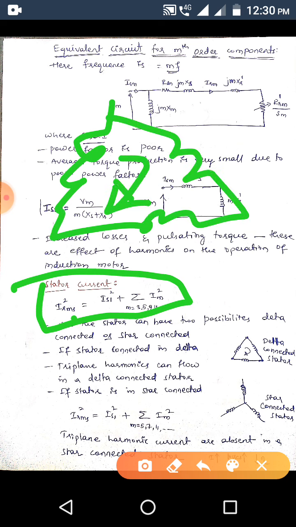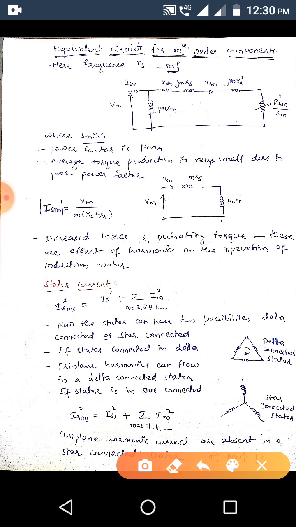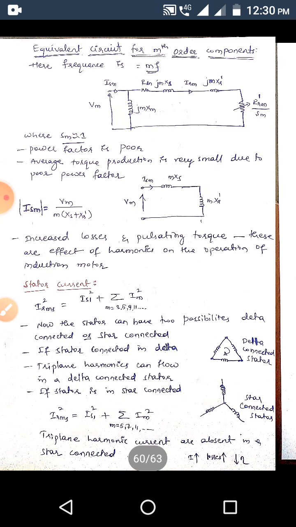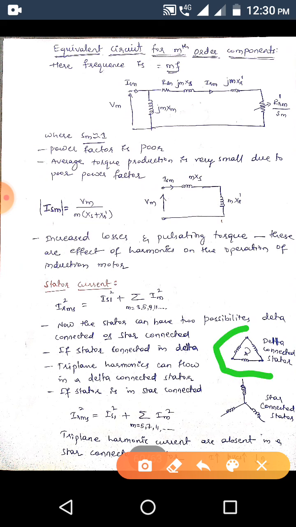If we connect the stator in delta connection, it is more useful for triplen harmonics, which can flow in a delta connected stator, so we can easily calculate the triplen harmonics. Now let us write the stator current for a star connected stator.